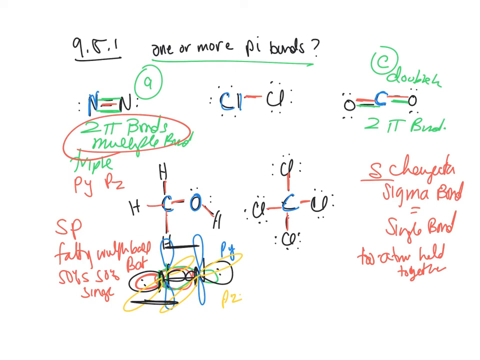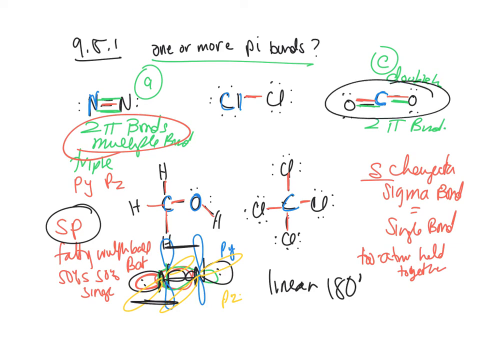So pi bonds are in the unhybridized p orbitals. And sp, you should memorize that. That is linear, and that means these nitrogens are 180 degrees apart. And the same thing here with carbon dioxide. Carbon, these sigma bonds, and it's linear as sp.